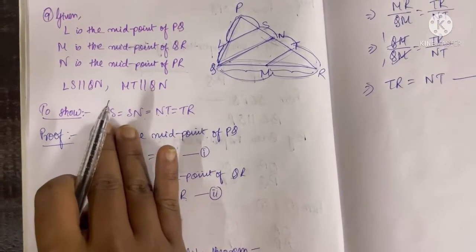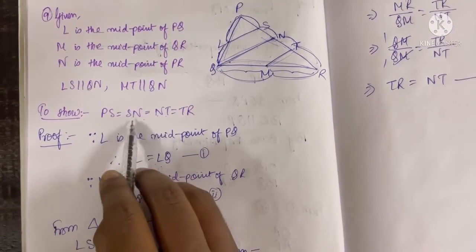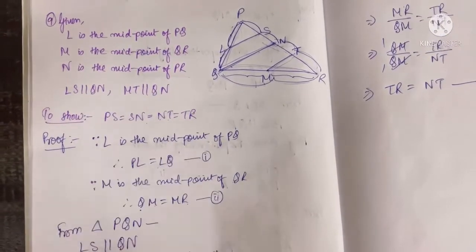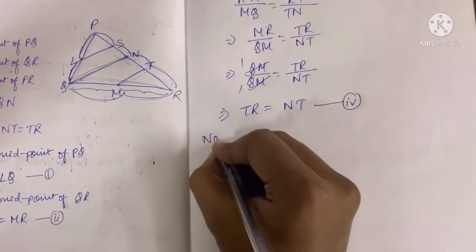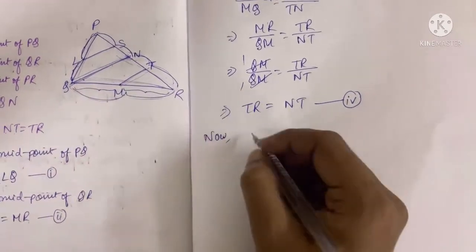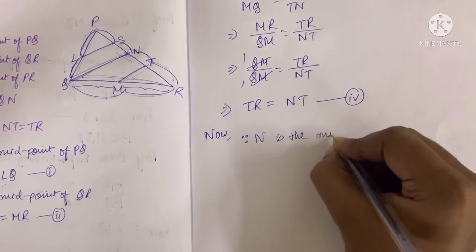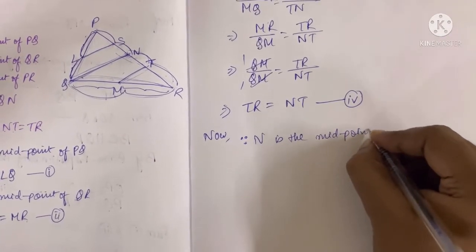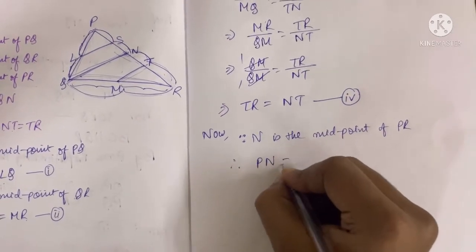But this set is proven, and this set has been proven. But this connection we need to make. Once we can make this connection, the whole thing will be done. So how to make this connection? Here it is said that N is the midpoint of PR. So since N is the midpoint of PR, therefore PN will be equal to NR.